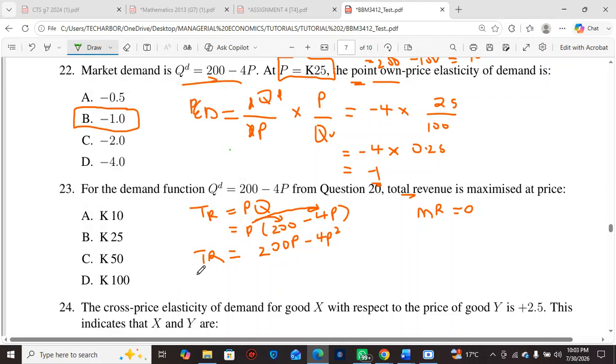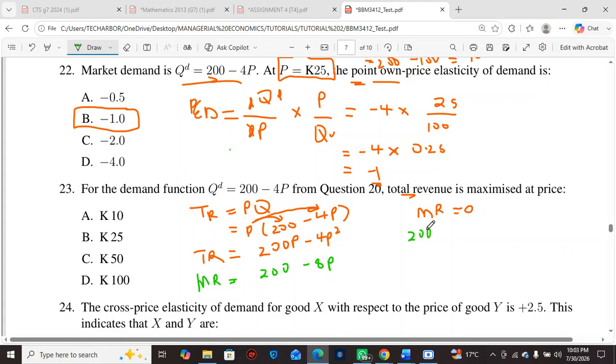Then marginal revenue is the derivative of total revenue. When you derive 200P, it becomes 200. When you derive negative 4P squared, it becomes negative 8P. Total revenue is maximized where MR equals 0.